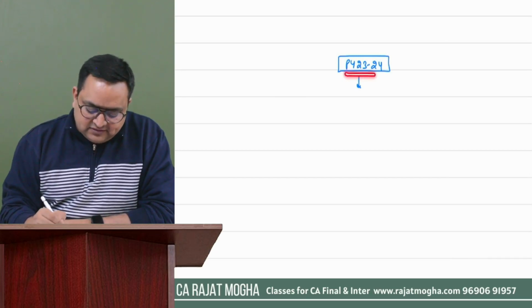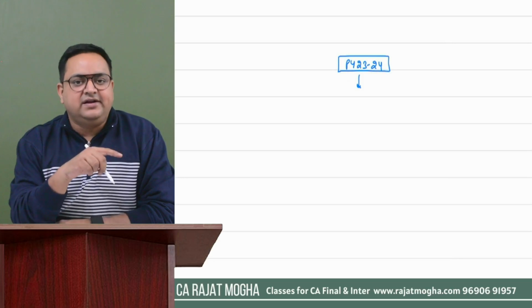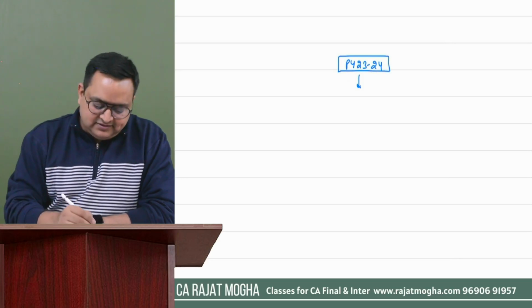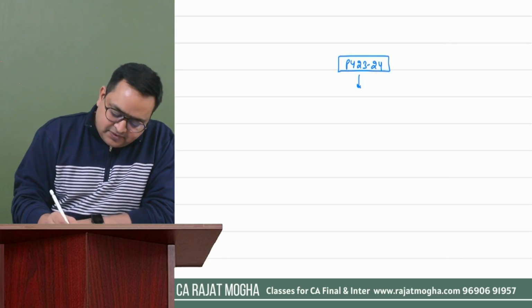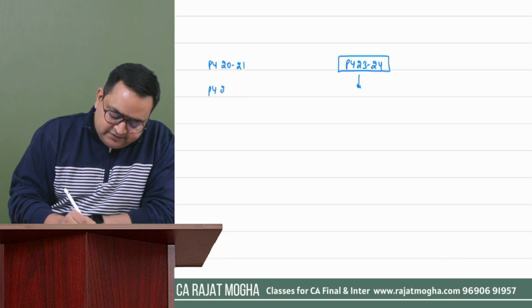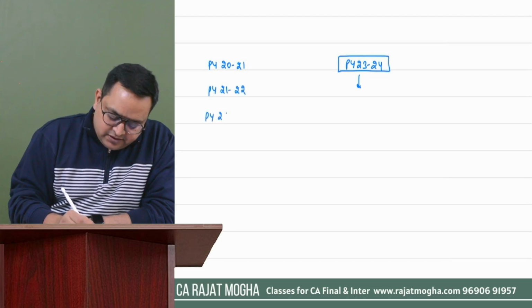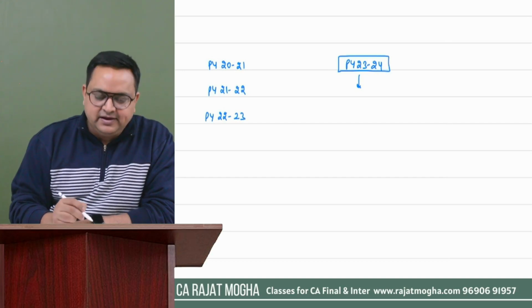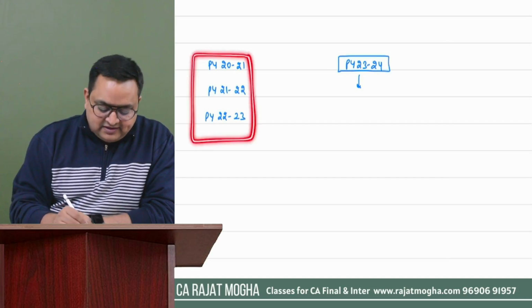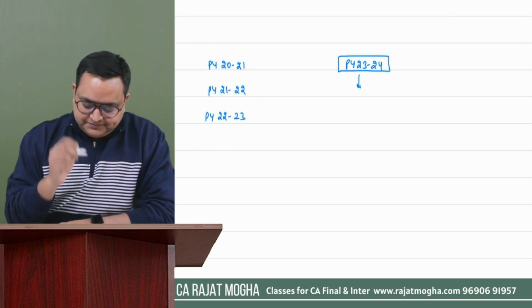So for this, we will see his last three returns: previous year 21-22, previous year 22-23, and the one before. These are the last three years, right? So we have to see his last three. Please understand this carefully, guys.